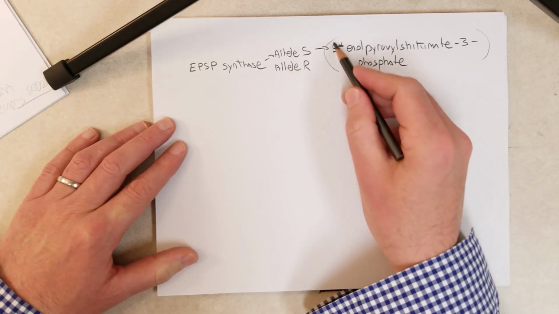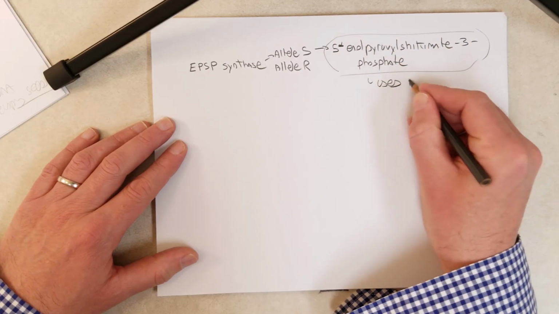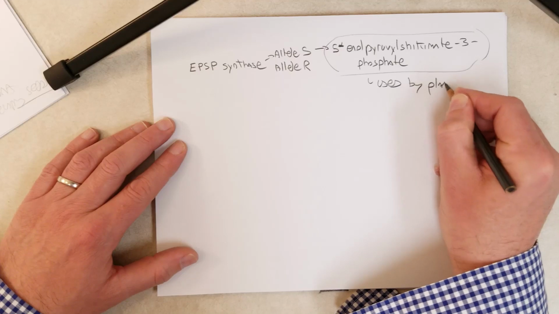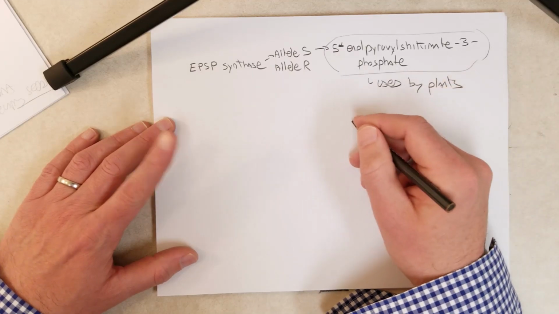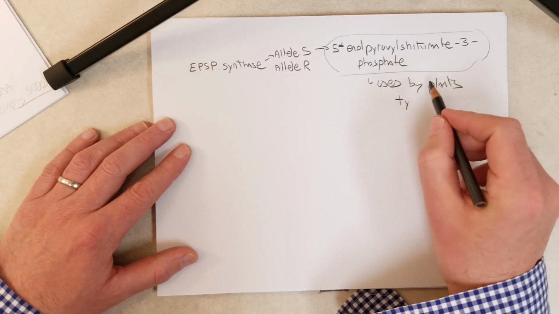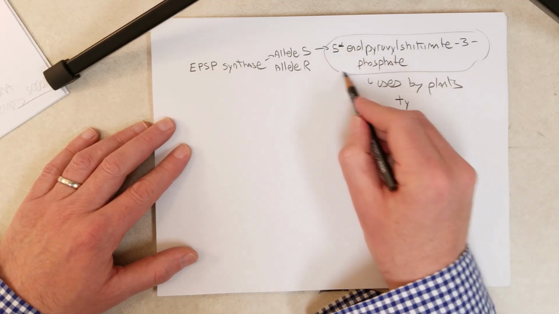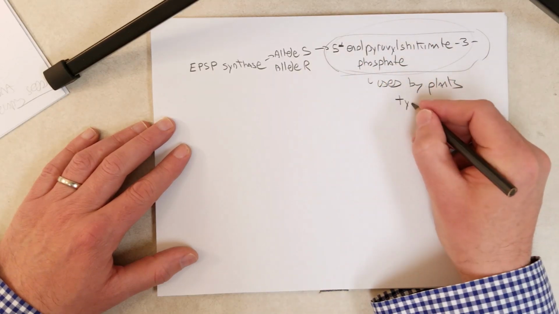So essentially this compound right here is used by plants to make what? Three amino acids. Three amino acids are produced only if the plant can make this compound right here.